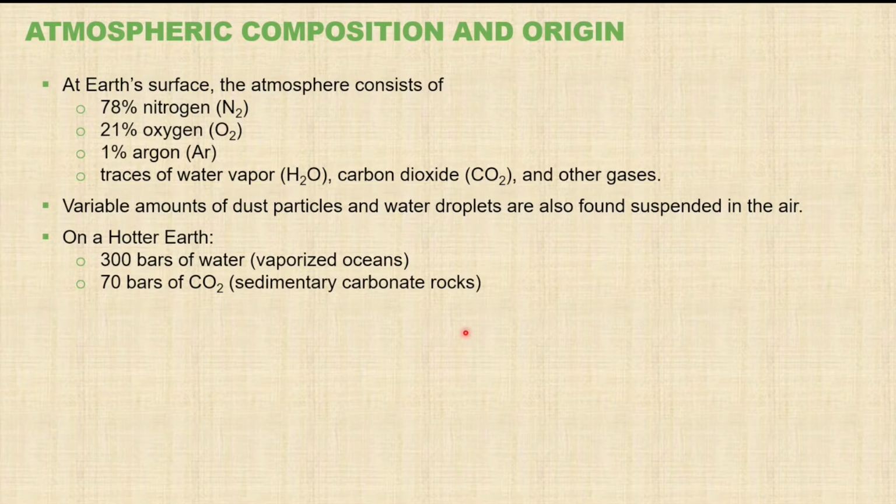On a hotter Earth, let's say, if the Earth gets very hot and all of the ocean water starts to vaporize, then all those water molecules are going to rise up, and that can create as much as 300 bars of atmospheric pressure. Right now we have 1 bar at the ocean sea level, but if all the water were to evaporate, that's adding mass to the atmosphere, increasing the atmospheric pressure.